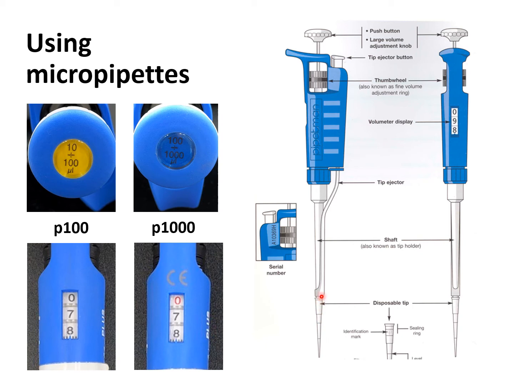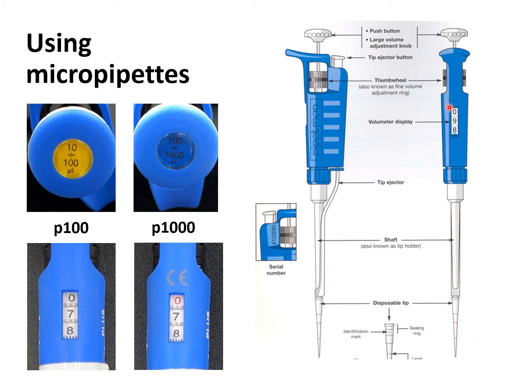Okay. Now, how do we use a micropipette? In order to draw up the volume indicated by the window, as I said, the window right here is going to display how much fluid you want to draw up. Now, how do you read this? I'm going to explain it in a minute.